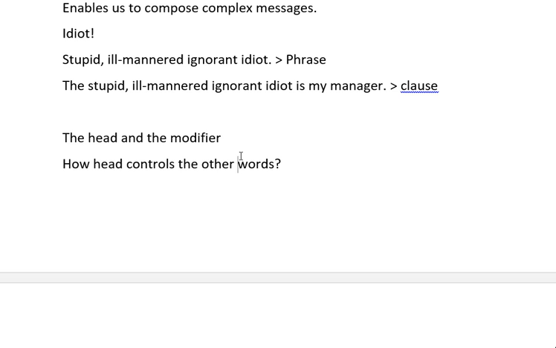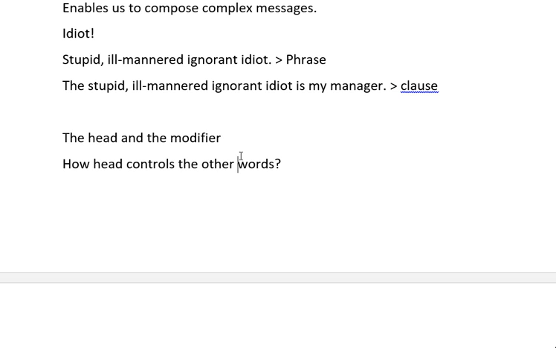Clear? If there are two words and they come together, there is a relation, and that relation is the head and the modifier relation. Clear? There is one word, the head, and it controls the other words, which are the modifiers.